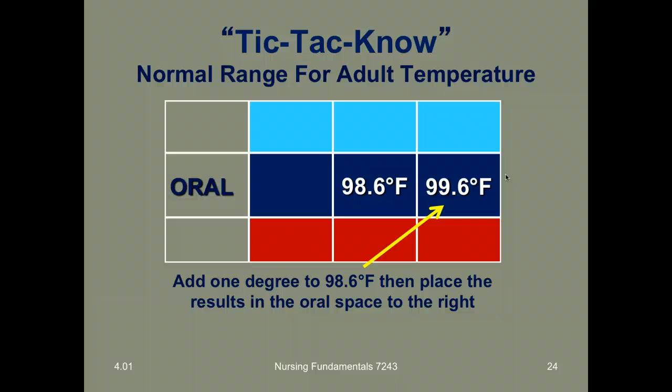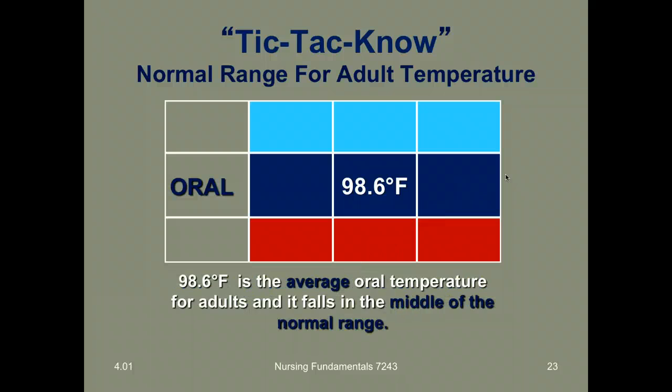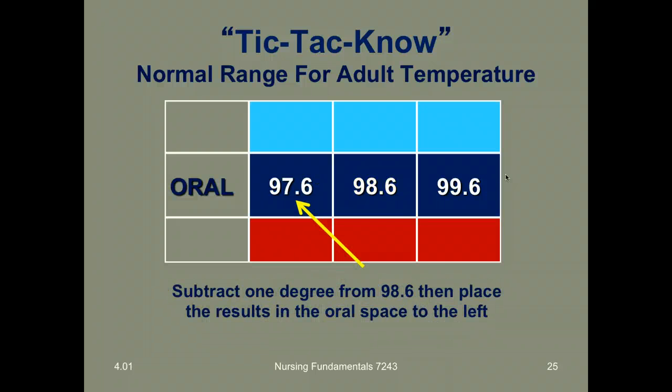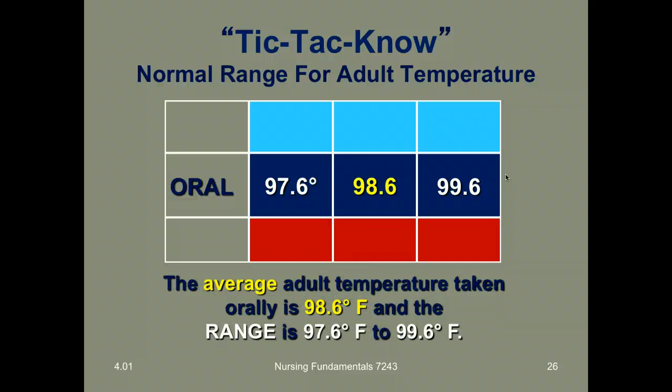Add 1 degree to 98.6 and place the result in the oral space to the right. Subtract 1 from 98.6 and place the result in the oral space to the left. The average adult temperature taken orally ranges from 97.6 to 99.6, with the average being 98.6.